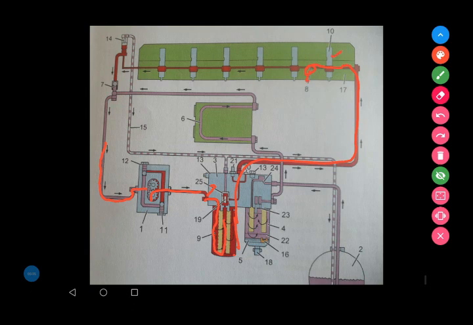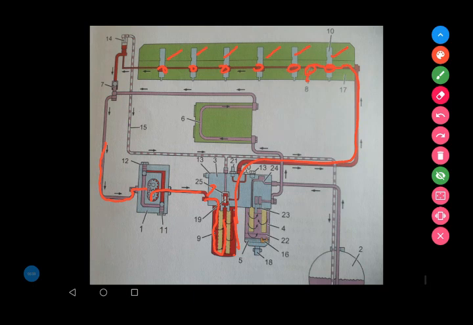The number 10 injectors are supplied with fuel from channel 8 via a ring shaped passage around each injector in the cylinder head.